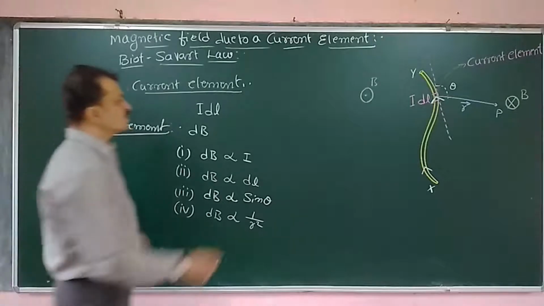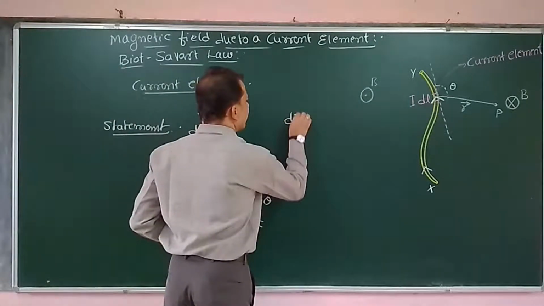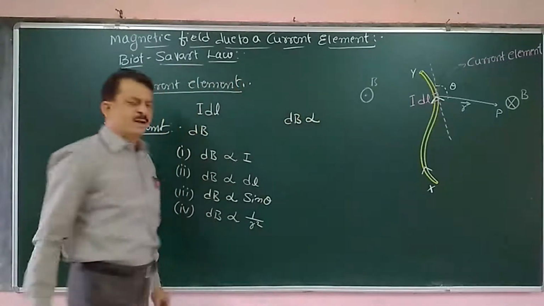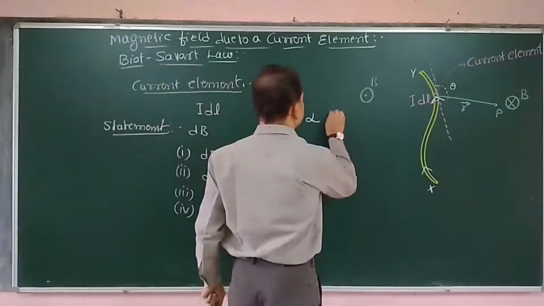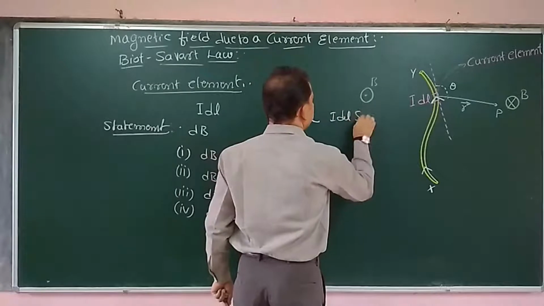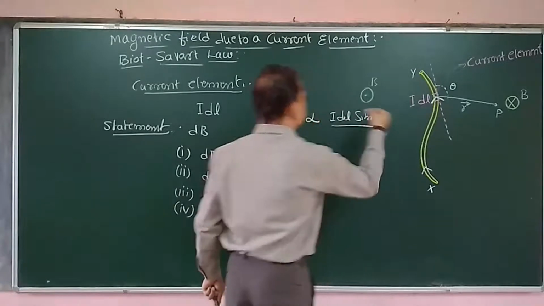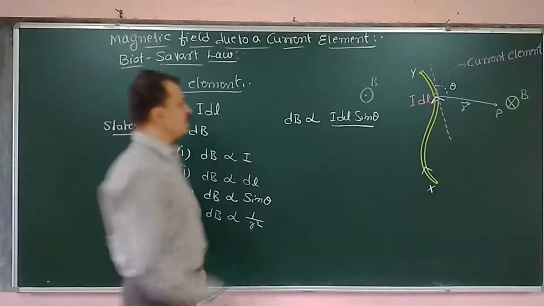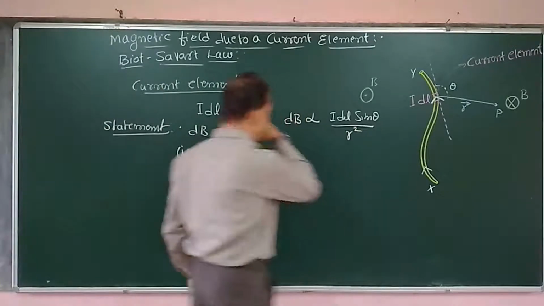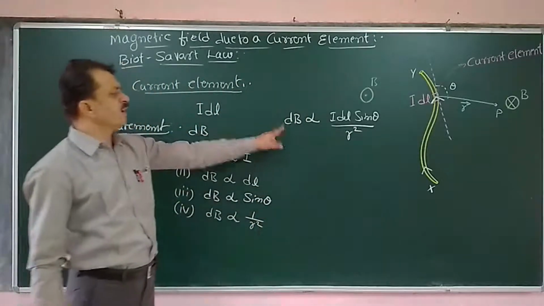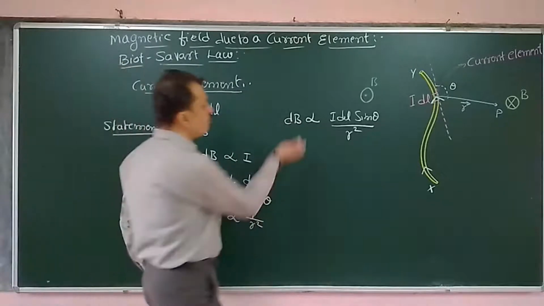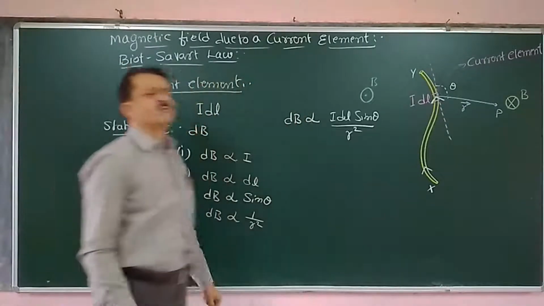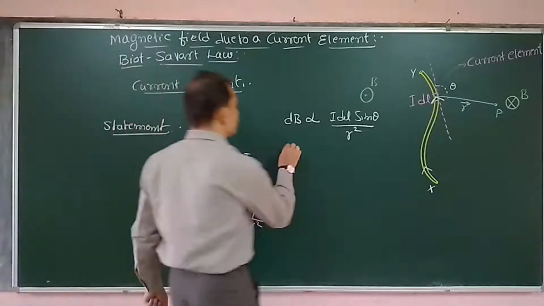Clear? So then what is the magnitude of the magnetic field due to the current element? Now club all the 4 points. I will get I into dl into sine theta divided by, in the denominator, r square. Therefore the magnitude of the magnetic field due to the current element is given by this. Now we remove this proportionality sign with a constant.